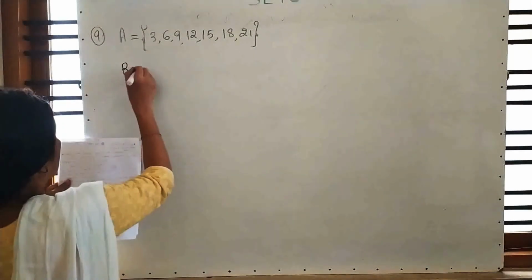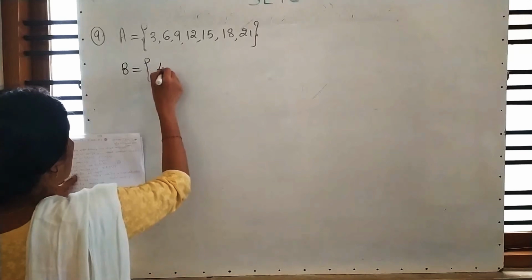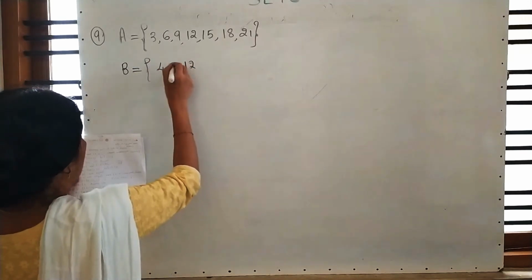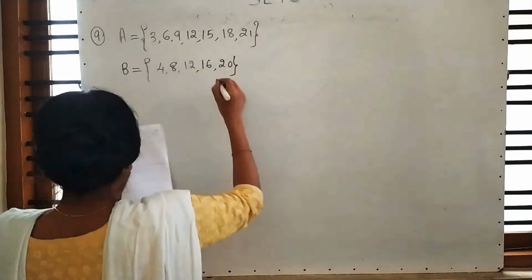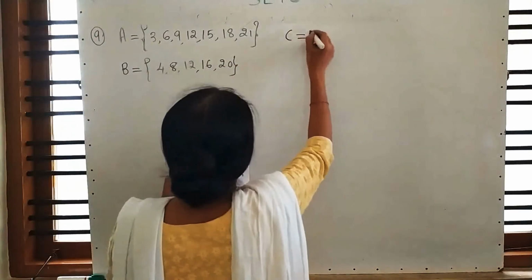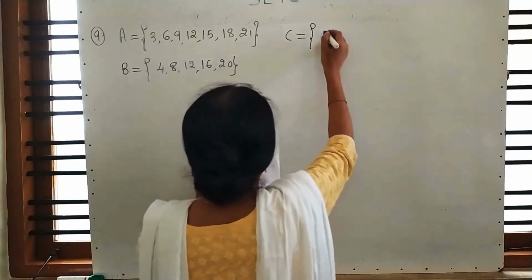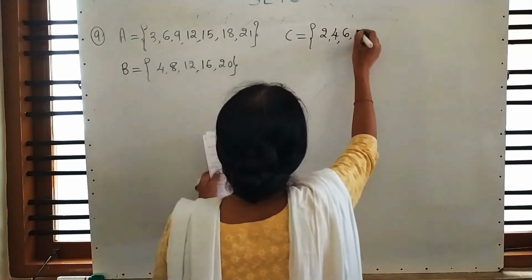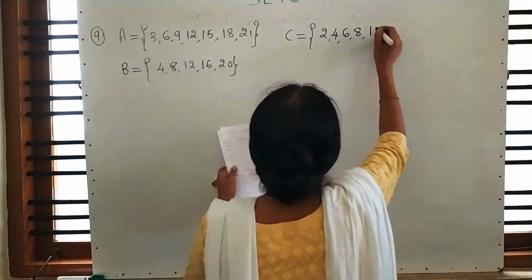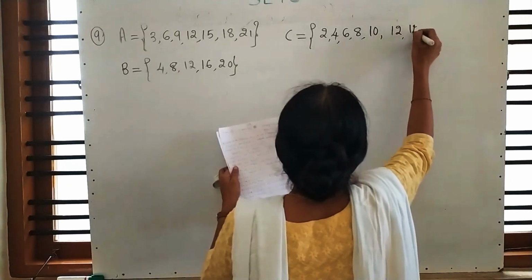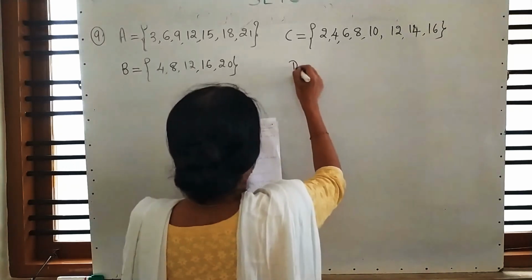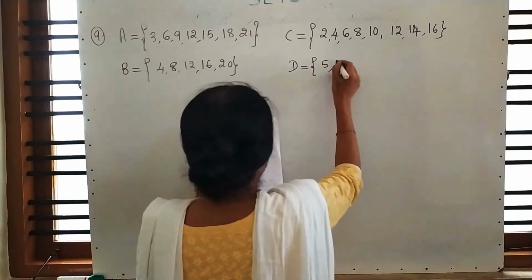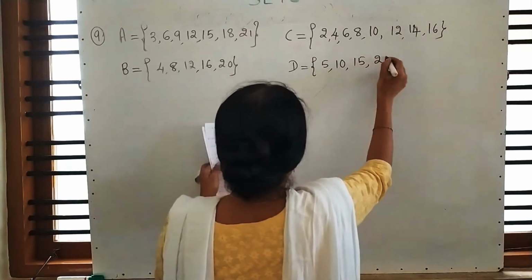Set B: 4, 8, 12, 16, 20. Set C is given as 2, 4, 6, 8, 10, 12, 14, 16. Set D is given as 5, 10, 15, 20.